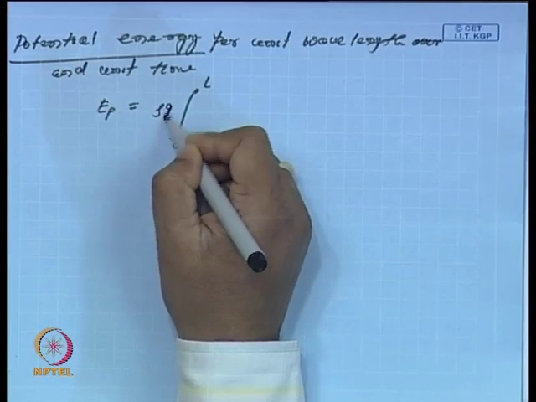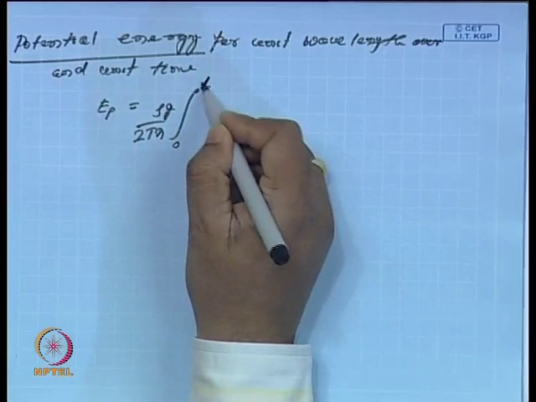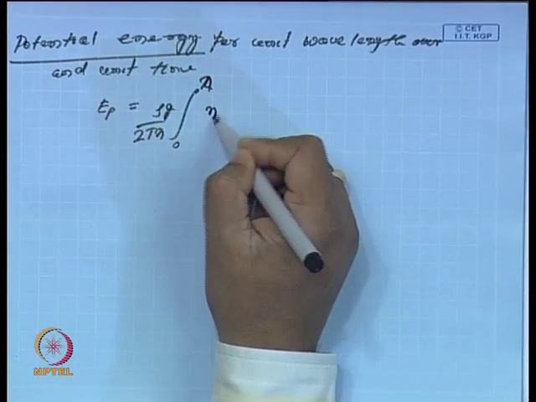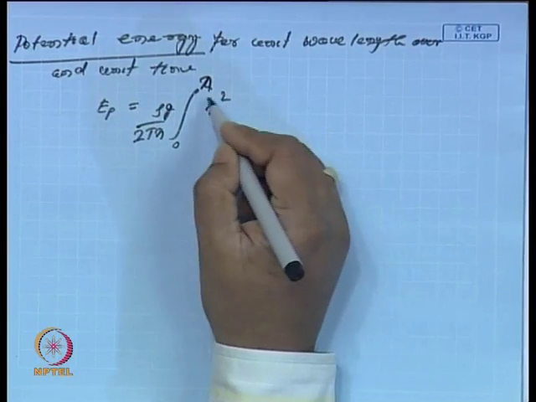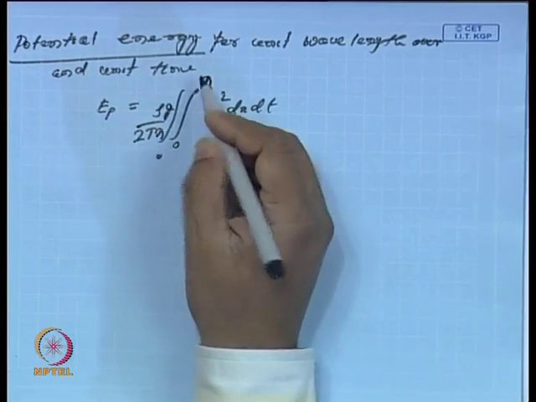This is rho g by 2 into 1 by T lambda, the integral from 0 to lambda of eta square dx dt, a double integral, with t from 0 to T.